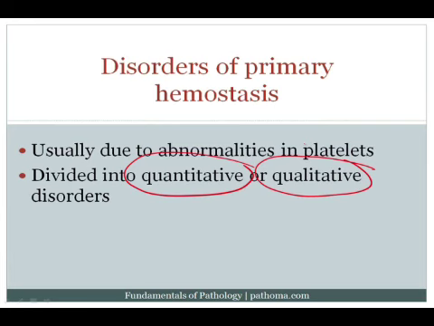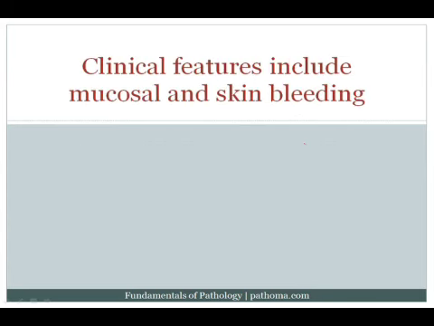Now, when patients have disorders of primary hemostasis, they're going to present with some very classical signs and symptoms. And the most important is that they're going to get mucosal and skin bleeding. This is the predominant picture of a patient with a disorder of primary hemostasis. So what are some examples of mucosal bleeding? Well, any mucosal site can bleed.